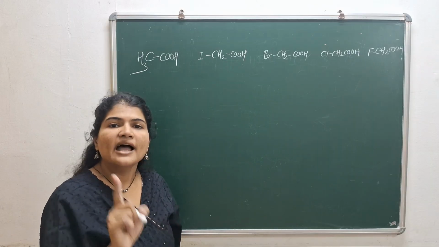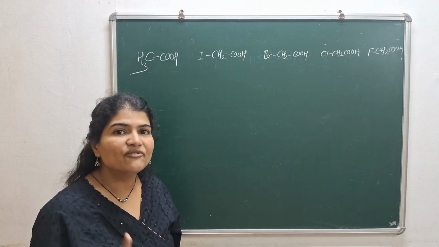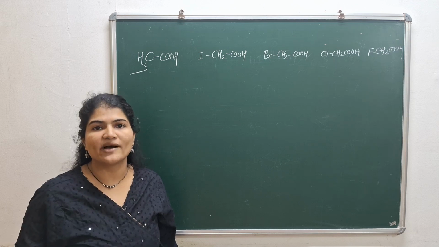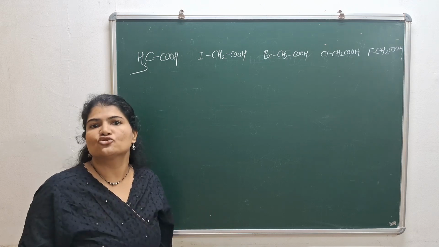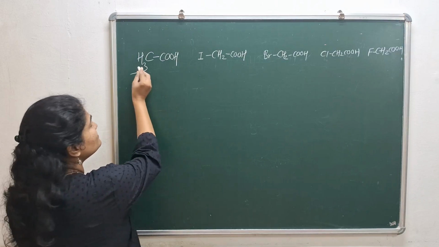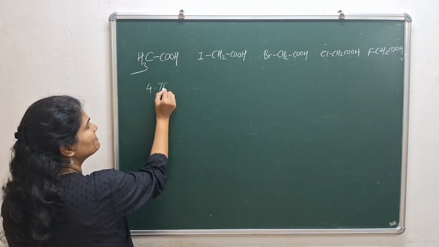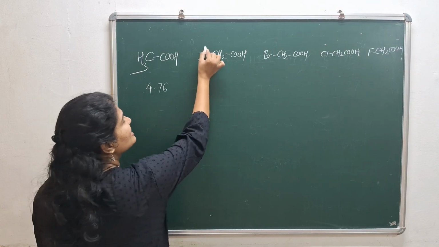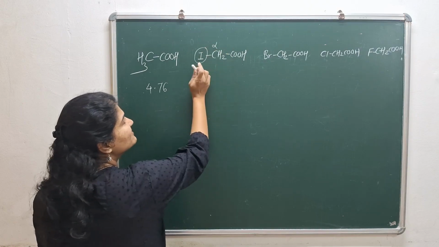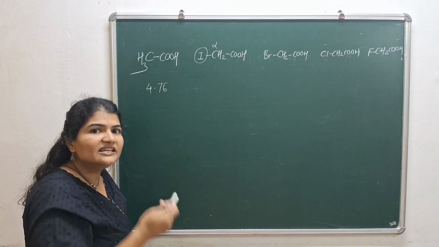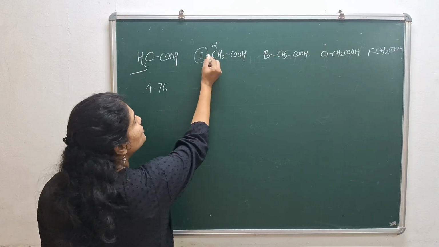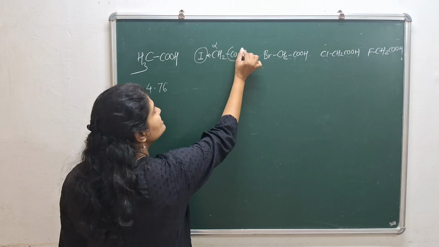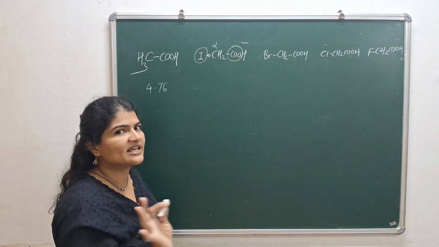Now as I told you, halogen atoms exert a negative inductive effect, meaning they withdraw the electrons from the covalent setup. They pull the electrons towards them. So what happens? Here acetic acid will have a particular pKa. Now let's compare the acidities with acetic acid. Whenever I replace one hydrogen of the alpha carbon with iodine, iodine being negatively inductive, it will pull the electrons towards itself, in turn reducing the negative charge on the carboxylate ion.